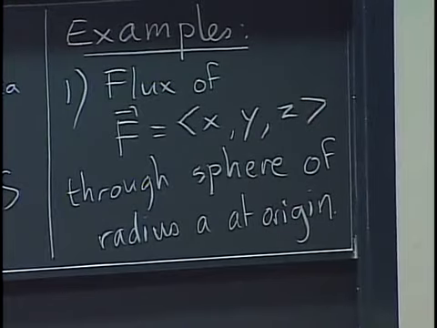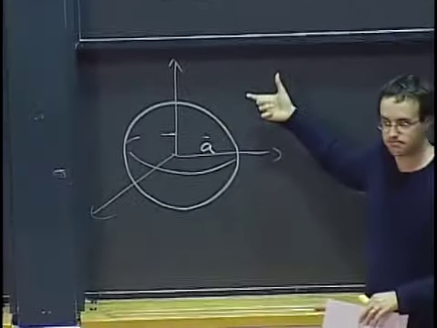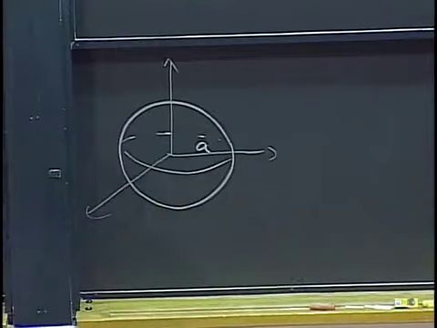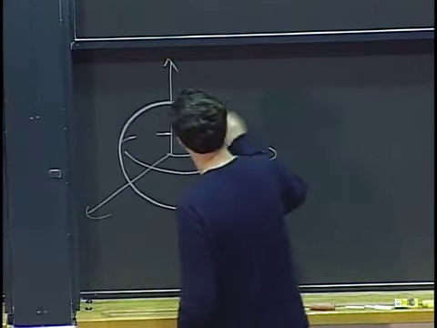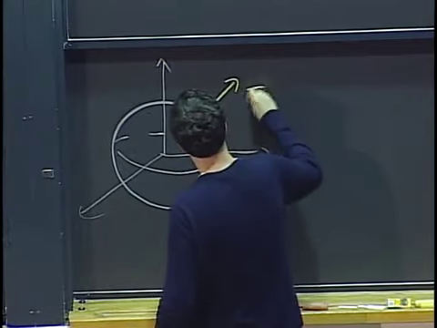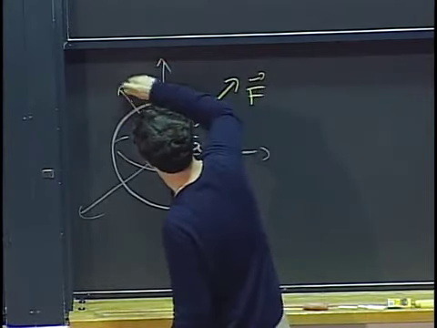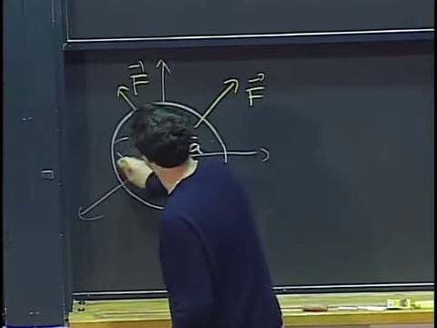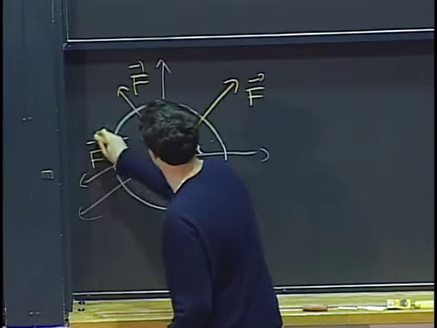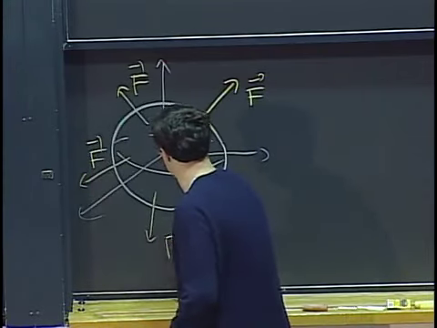So it's pointing radially away from the origin. Okay? So my vector field is really sticking out everywhere away from the origin.